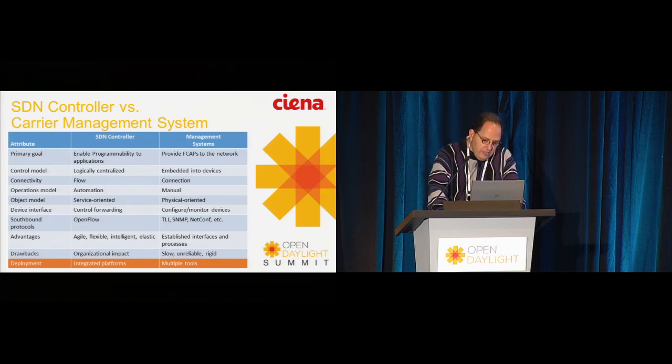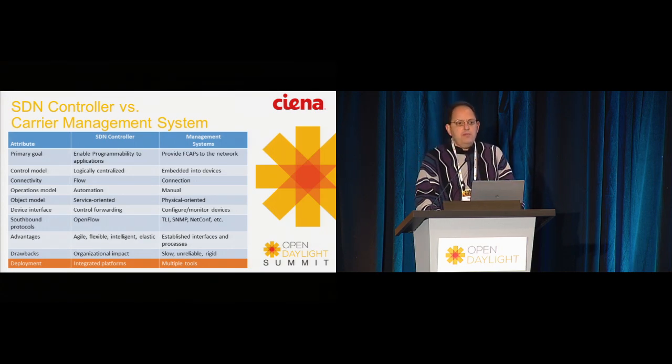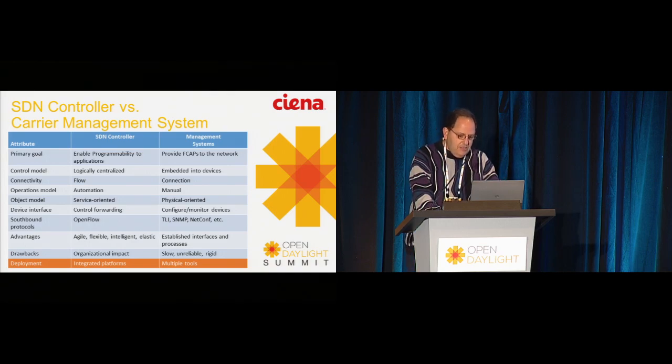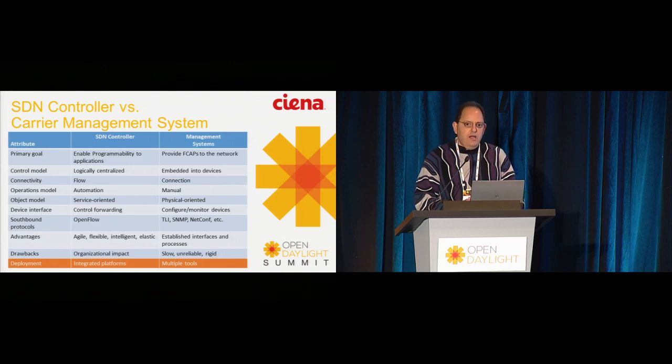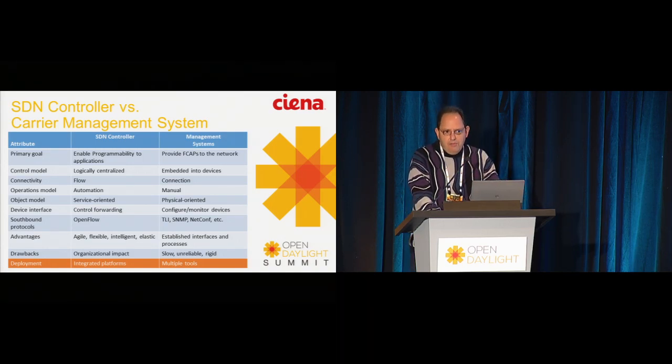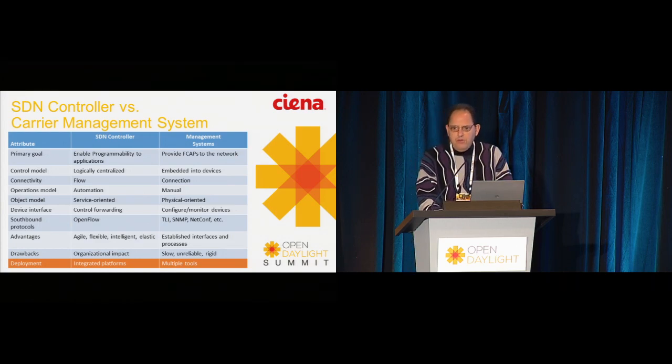And then, of course, one of the most important aspects, which one of the carrier colleagues mentioned, is the deployment model. If you think about a management system today, what does it really look like when providing an end-to-end service? It's not just a single network management system. It's multiple tools that need to be integrated together at some levels.